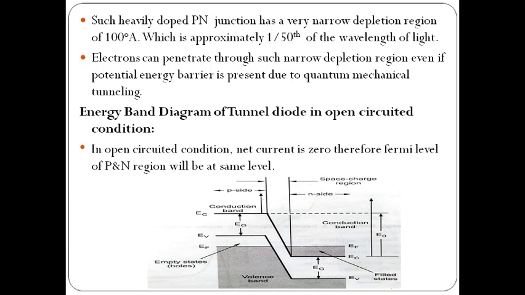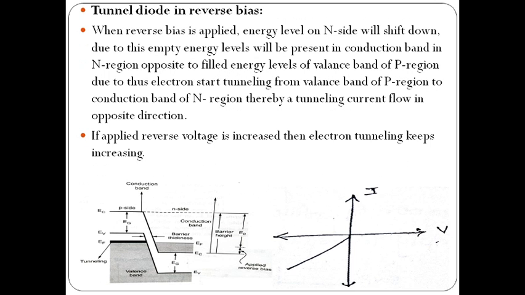Electrons cannot cross the depletion region, so the current becomes zero in this open circuit condition. It is similar to the normal PN junction diode.